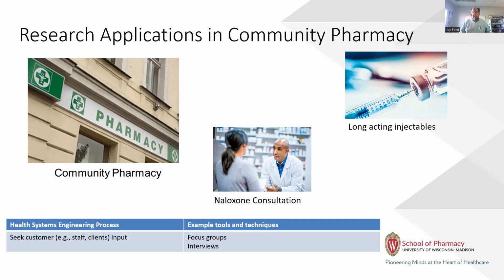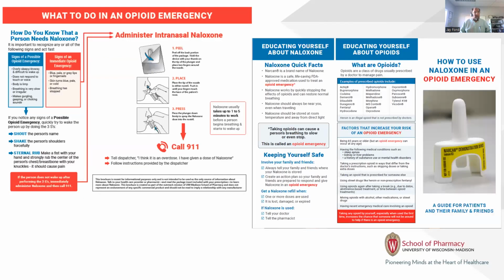So the first conversation with customers led to the development of a series of naloxone-specific brochures. We actually ended up developing one brochure for each of the 3 types of naloxone medications that were on the market at the time. The brochures are the same, except for talking about the medication and how it's administered.